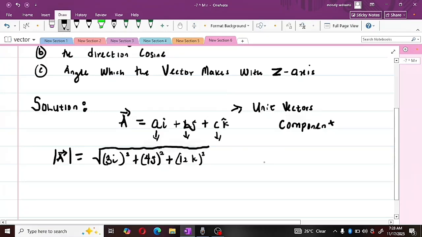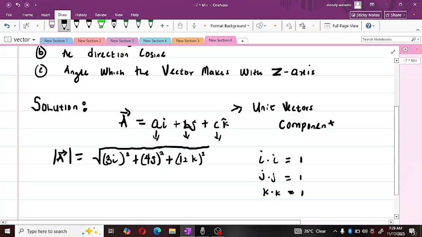Now, we need to know that when we have i dot i, it is equal to 1. When we have j dot j, it is equal to 1. And when we have k dot k, it is equal to 1.